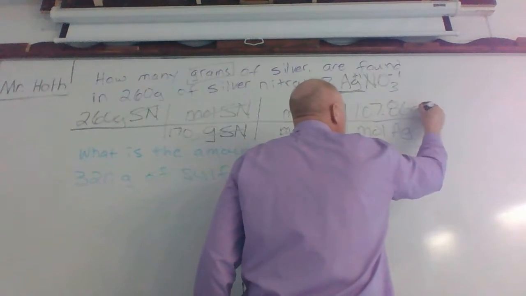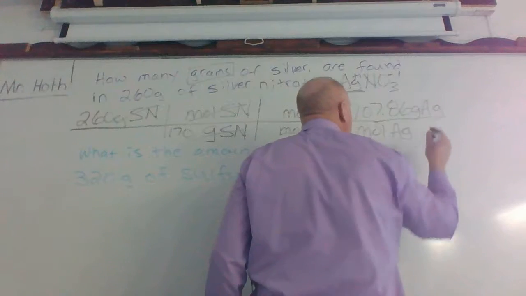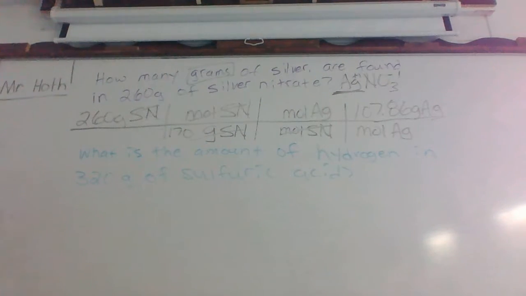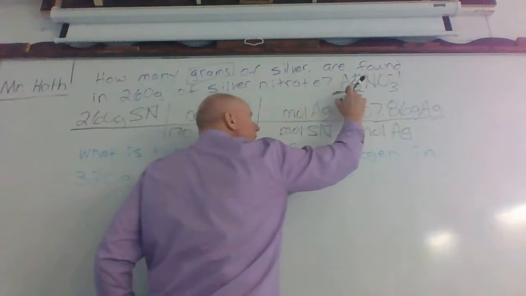Now, unlike the last problem, we had to go back to the formula and put in a coefficient from the formula. Now, how many moles, according to this formula, is silver?